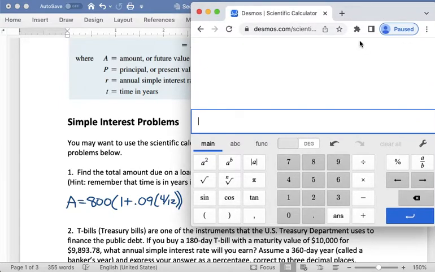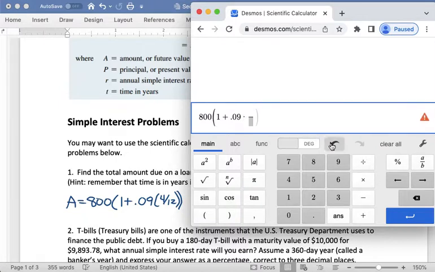I'm going to type 800 times 1 plus 0.09 times 4/12. I'm going to use the A over B button to make the fraction. Generally, I recommend typing everything in all at once just because that avoids some rounding errors that you might get if you don't do that.